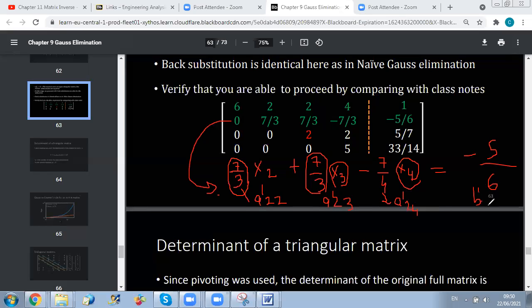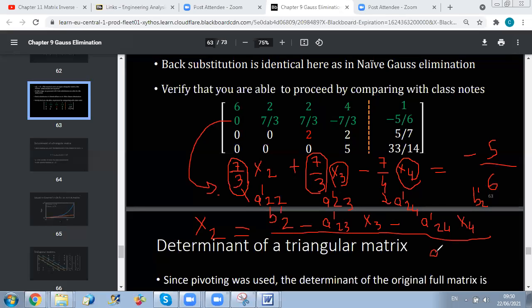So as a general solution, x2 is equal to b prime 2 minus a prime 2 3 x3 minus a prime 2 4 x4 over a prime 2 2. So you can develop such general rules. All you have to do is replace by the coefficients, and you can get your solution.